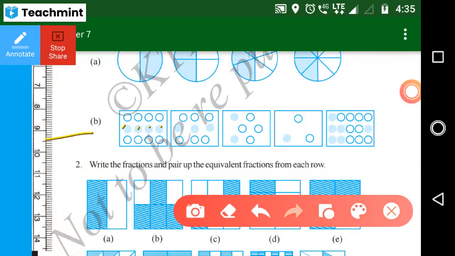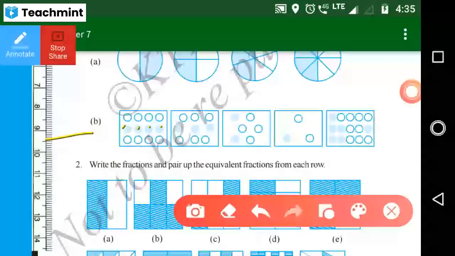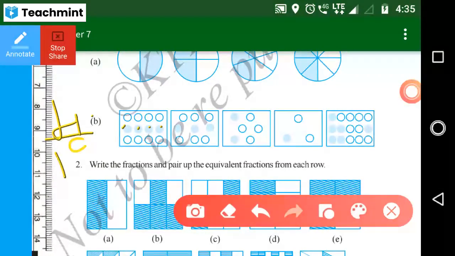Ma'am, 4 by 9. No. Ma'am, 12. Ma'am, 4 by 12. Yes, 4 by 12 is the right answer, because there are 12 circles here, and out of that, 4 circles are shaded.